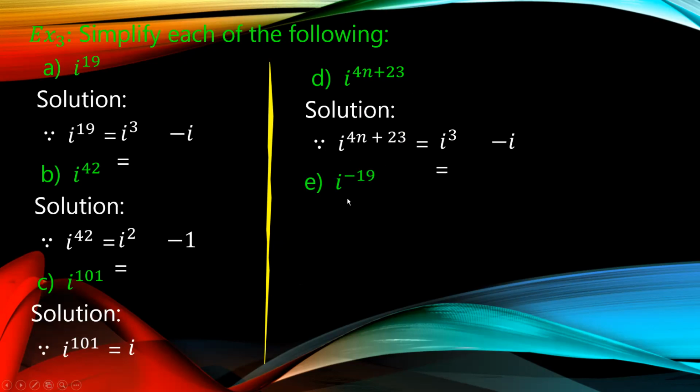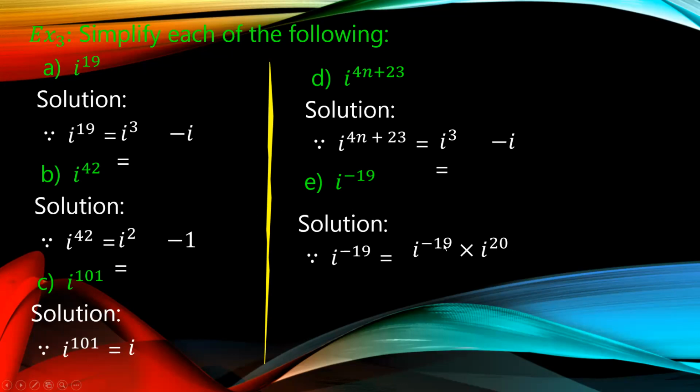i power negative 19. I will take a number more than 19 and divisible by 4. I will take i power negative 20. i power negative 20 times i power 20. i power 20 equals 1. Why? Because 20 is divisible by 4.